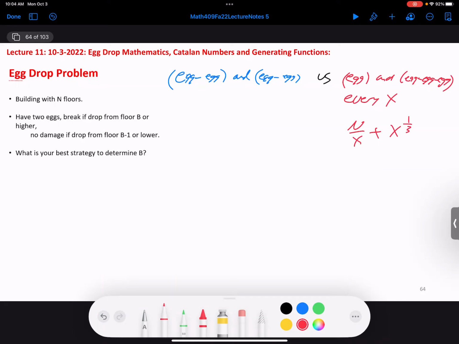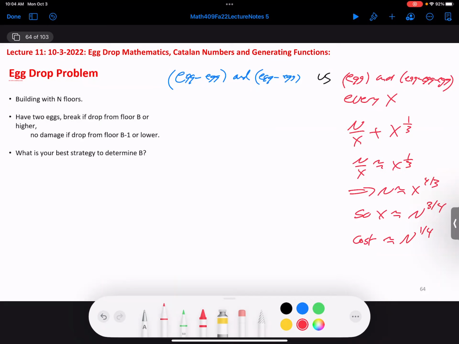If we set them equal to each other to get an approximate solution, this gives us n is about x to the 4/3, so x is about n to the 3/4. So the cost would be n divided by n to the 3/4, which is about n to the 1/4. And so for k eggs, we would have roughly a cost of n to the 1 over k.